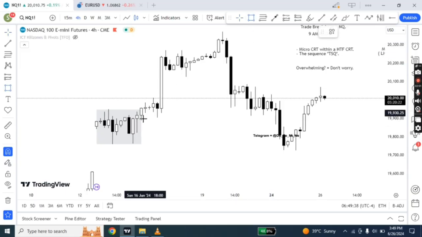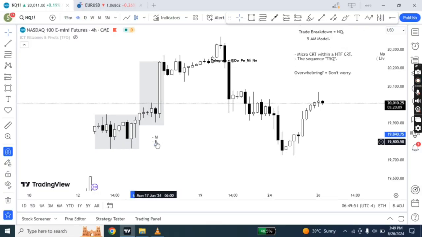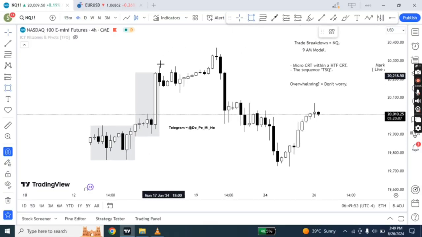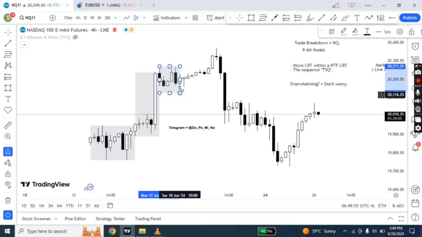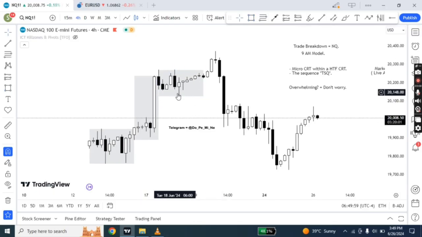Then after a ranging profile, you know that price can only have two probable outcomes, which is either a manipulation or an expansion, and in this case we got an expansion. Then after an expansion occurs, we can only have three possible outcomes: either a range, a retracement, or a reversal. In this case we got this range right here.